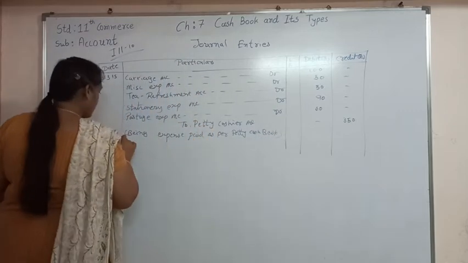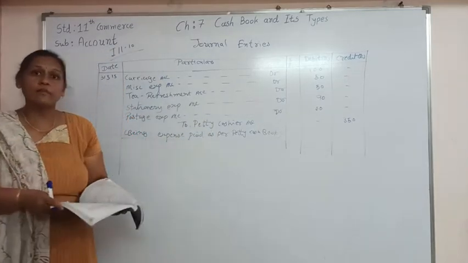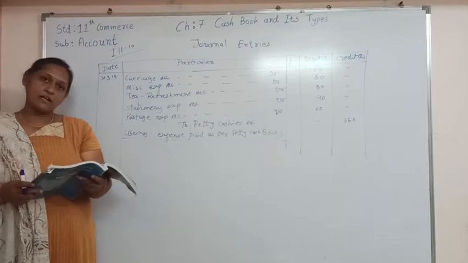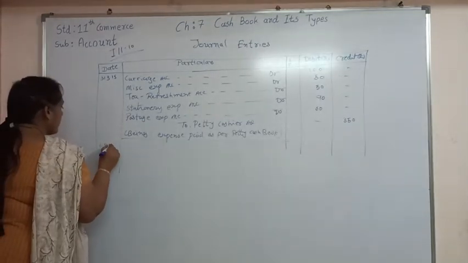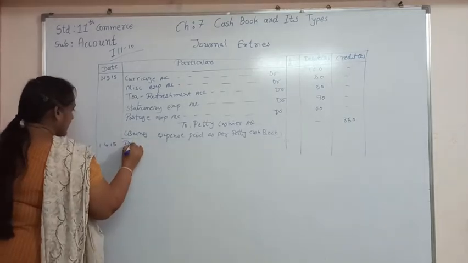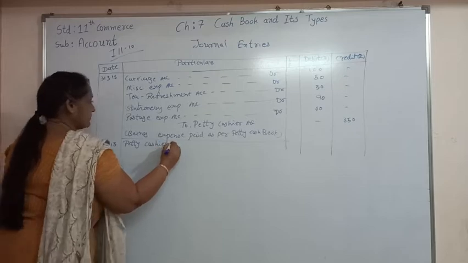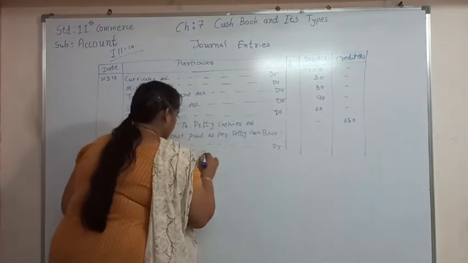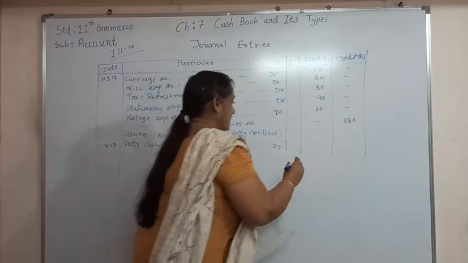Now we are going to pass another journal entry. That journal entry will be, we will pay cash to the petty cashier. For that, petty cashier account debit to cash. That journal entry we are going to pass on 1/4/15. Petty cashier account debit to cash account, and that will be 350.